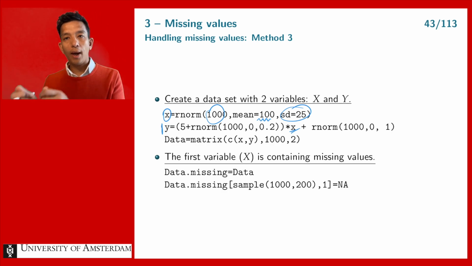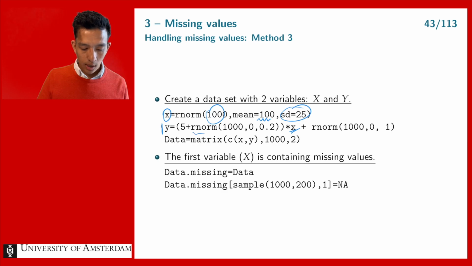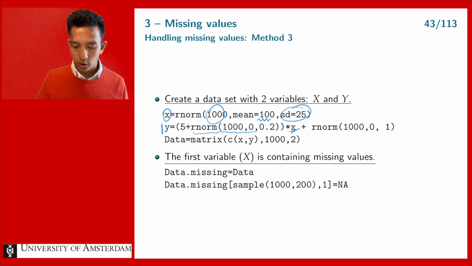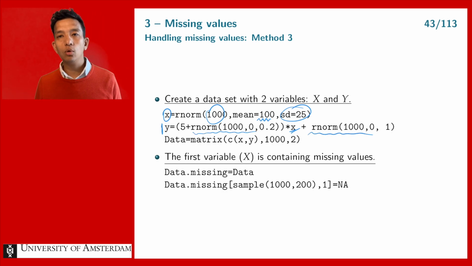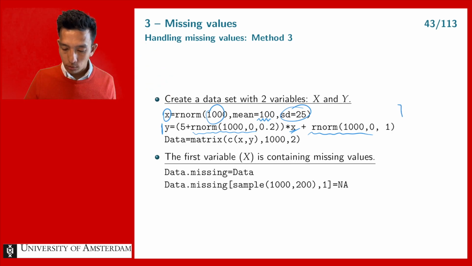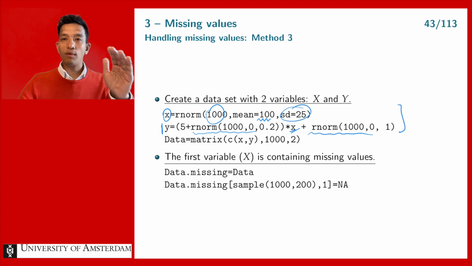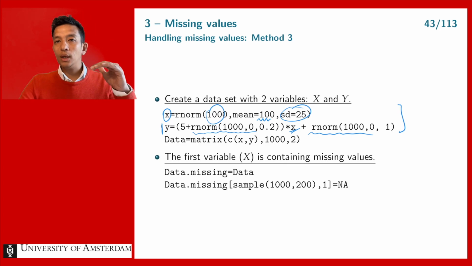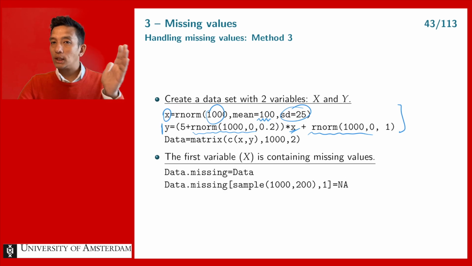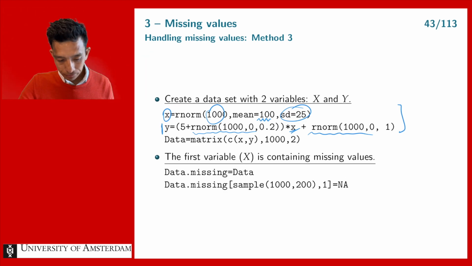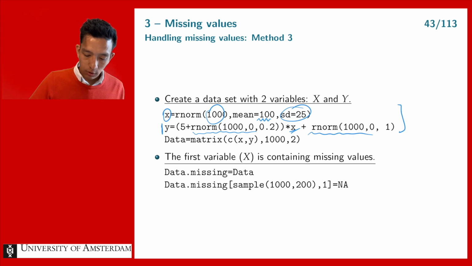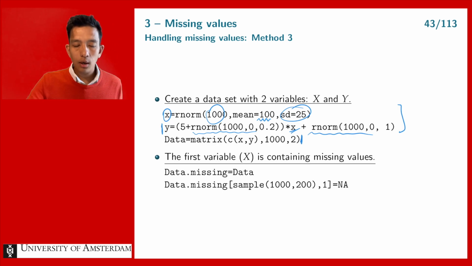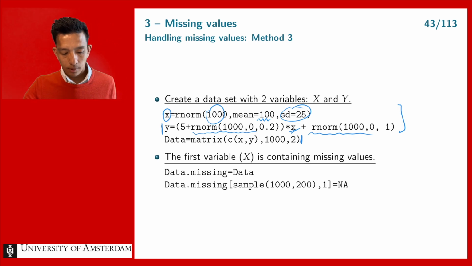So if you know x, then you simulate a normal distribution and you connect them together to get y. So if you run these two lines of code, you have x and y. And for example, you can try to make a plot to illustrate the dependence between x and y. And I put this data set in the matrix data.